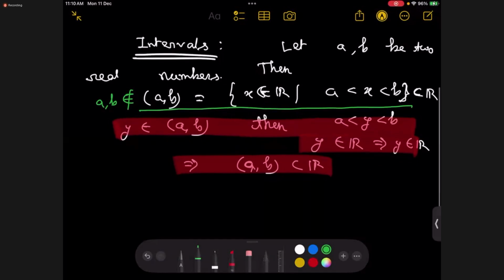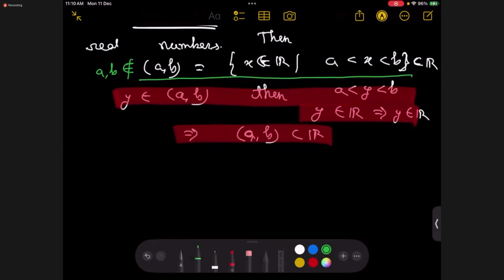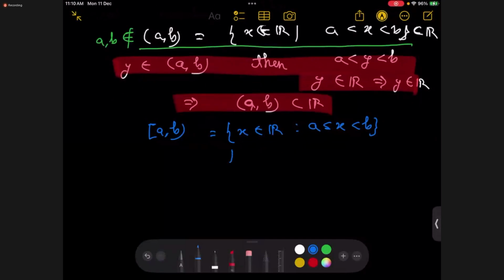So if I include one of a or b, like if the set is of the form x greater than or equal to a and less than b, this will be denoted by the closed bracket a, open bracket b. If the set is of the form x in R such that a is less than x less than or equal to b, then the set will be of the form (a, b].